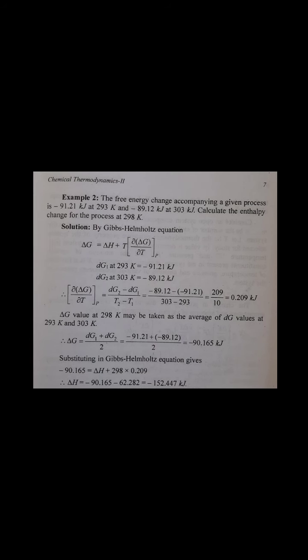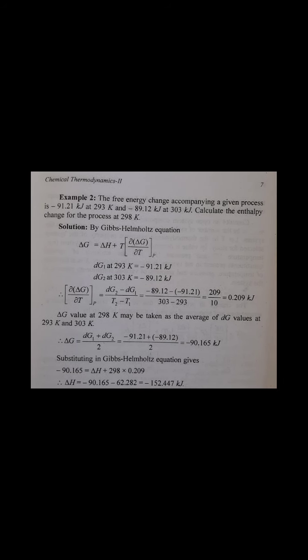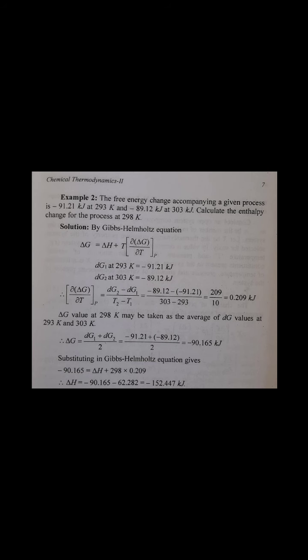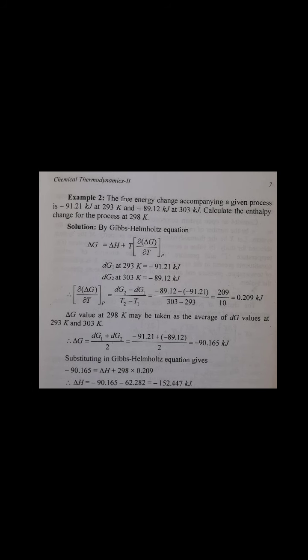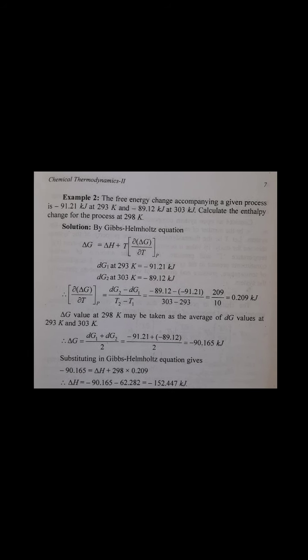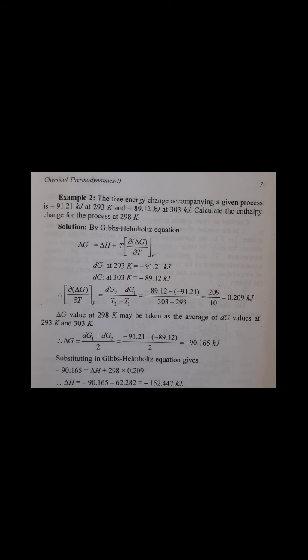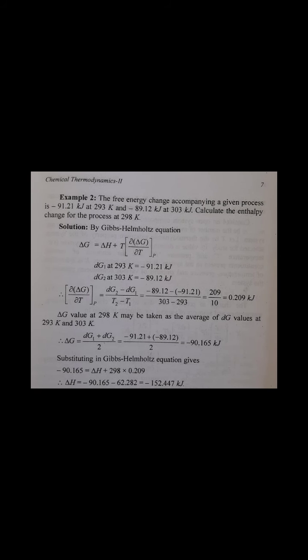Substituting in the Gibbs-Helmholtz equation gives minus 90.165 equals delta H plus 298 times 0.209. So, the answer is minus 152.447 kilojoule. So, these two important problems we saw.